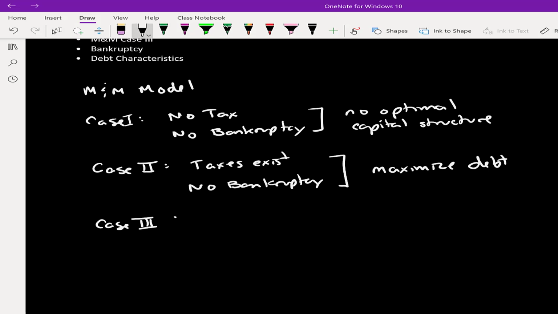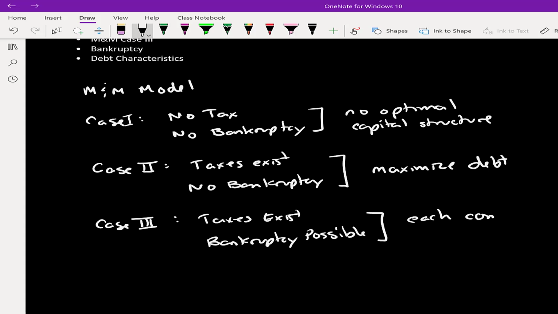There are no formulas as such in case 3, but this is the most realistic one. This is where taxes exist and bankruptcy is possible. The conclusion of this is that each company has a unique capital structure, or unique optimal capital structure.